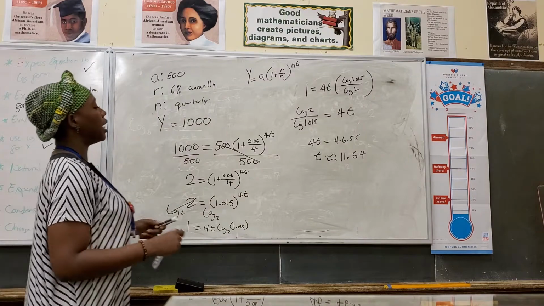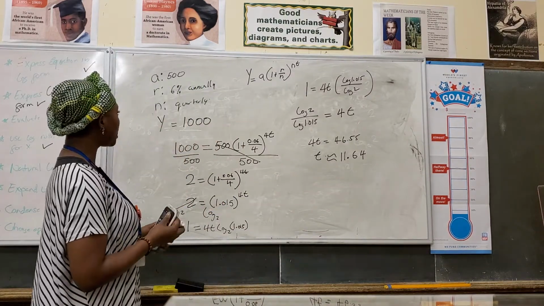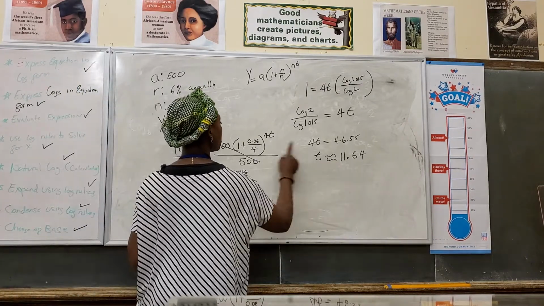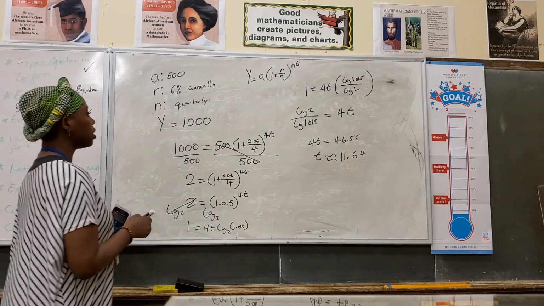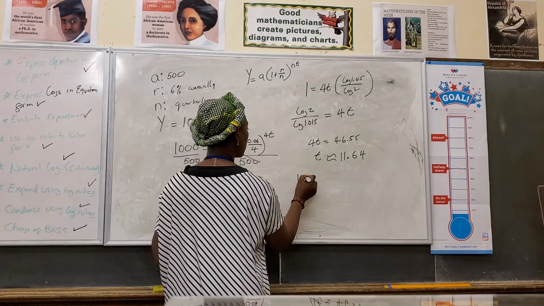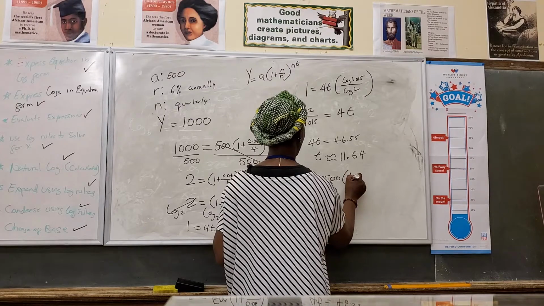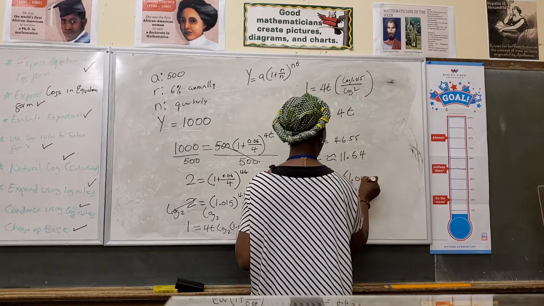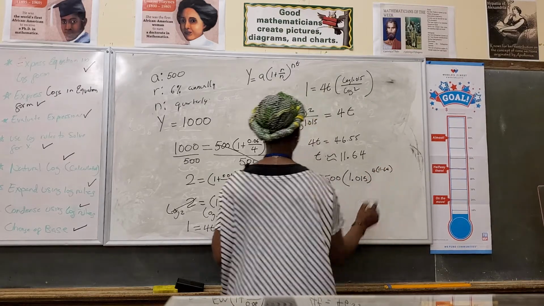So that's saying in 11.64 years, it's going to double. Let's see if that's true. It's compounded. So we're going to put 11.64 back into our original equation and see if that actually works out. Our original equation says 1,000 is equal to 500 times 1.015 raised to the power of 4 times 11.64.